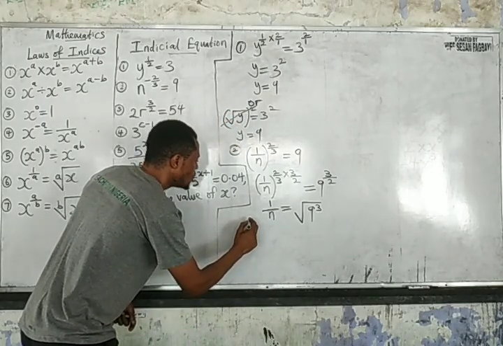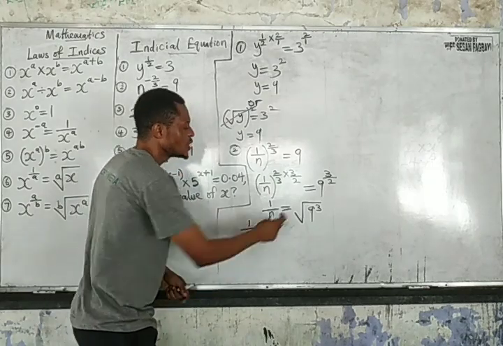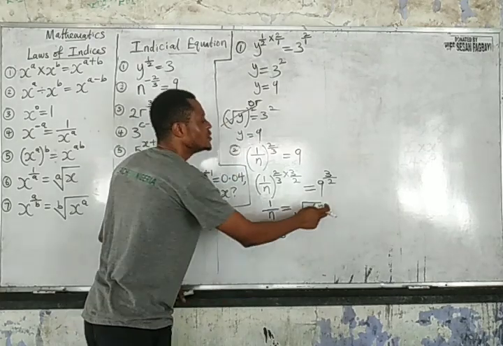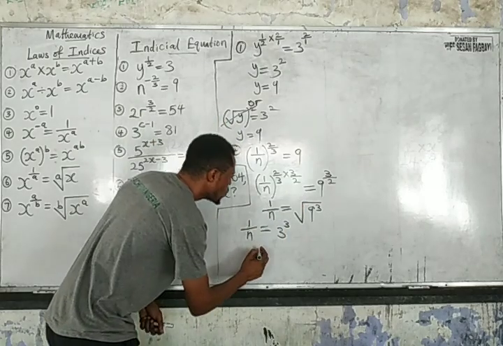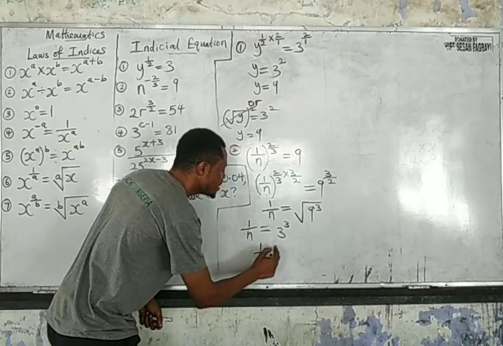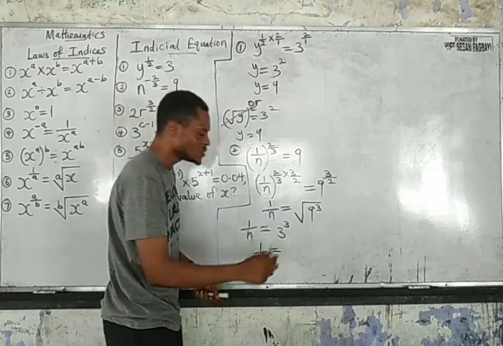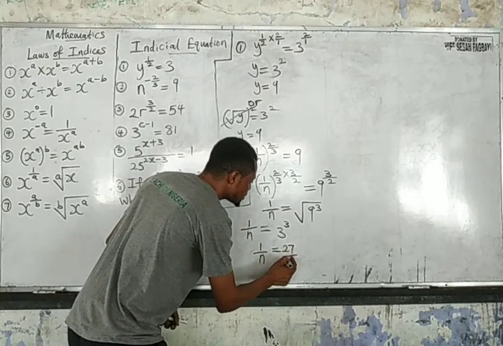So moving on, 1 all over n will give us the square root of 9, which is definitely 3, then raised to the power of 3. So we have 1 all over n to give us 3 raised to the power 3, which is 27. Let's assume it is 27 over 1.